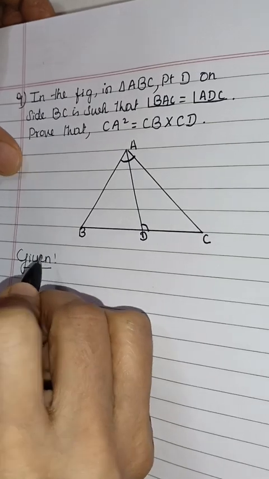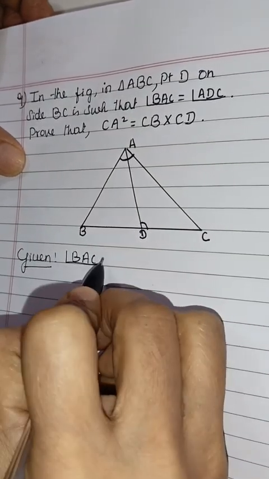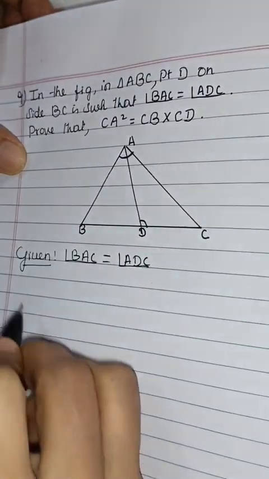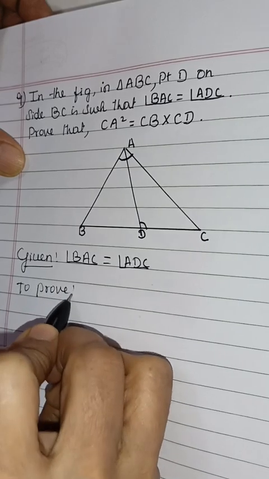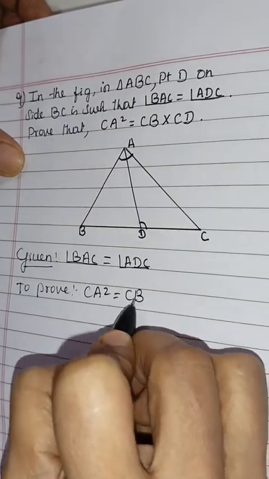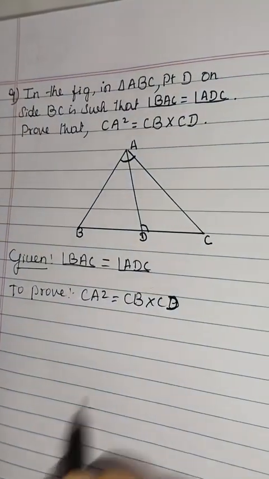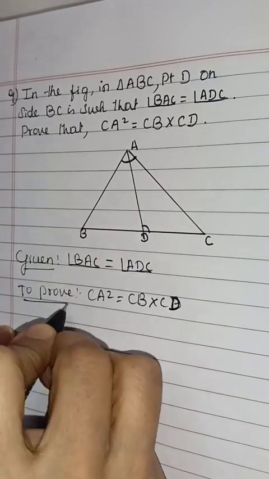What is given here? Angle BAC equal to angle ADC. This is given here. To prove: CA square equal to CB multiplied by CD. CD, not B, this is CD. Okay, now proof.